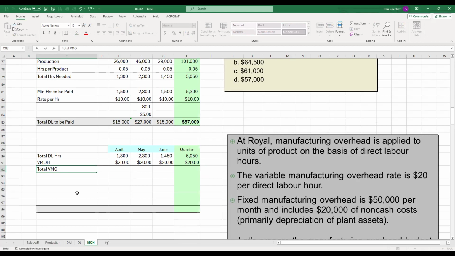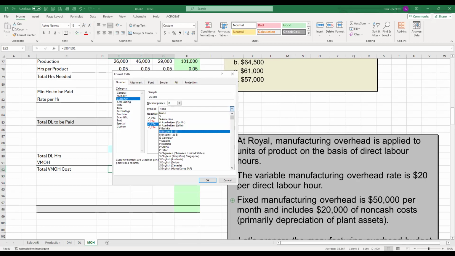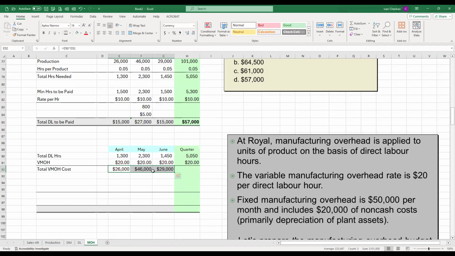The variable manufacturing overhead cost will be this one times $20, and I can easily drag, but I need this number to be in dollars, so let's flip it to a dollar amount. Currency, and choose the dollar. And this is the total dollars I need to pay. $101,000 for the variable manufacturing overhead.